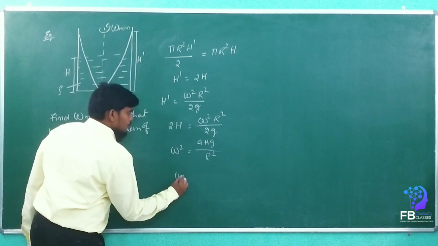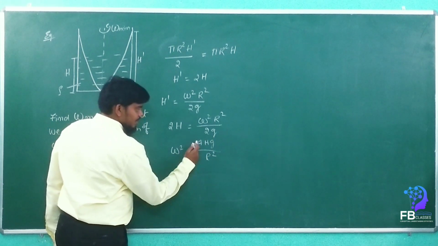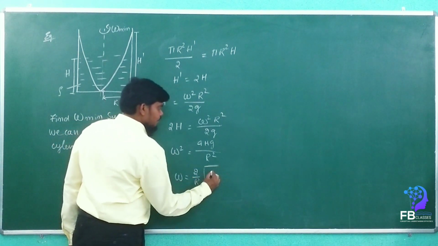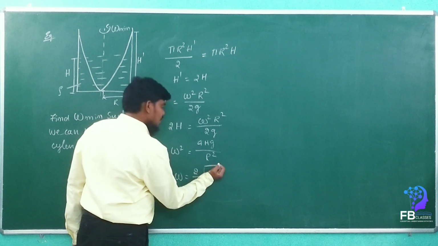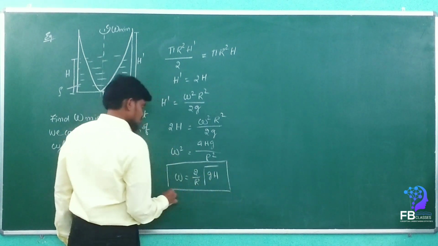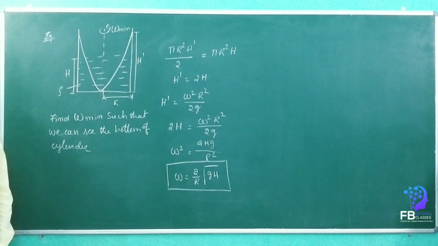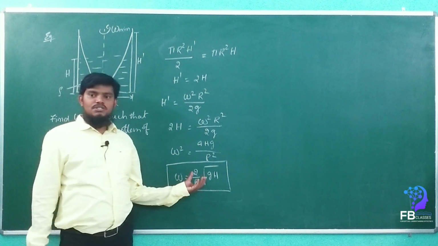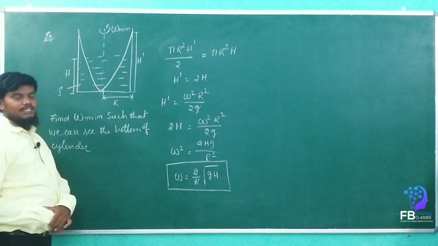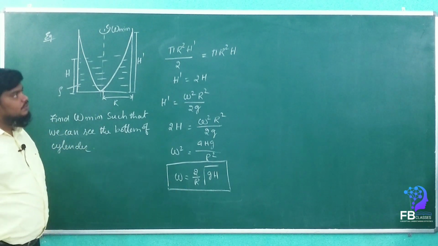So omega is equal to 2 by r times root of gh. This is the answer, the minimum omega such that we can see the bottom of the cylinder. Got it? Understand everyone? Please make a note of it.